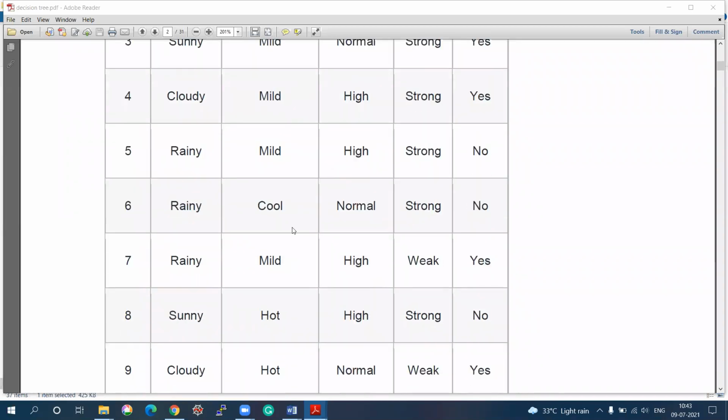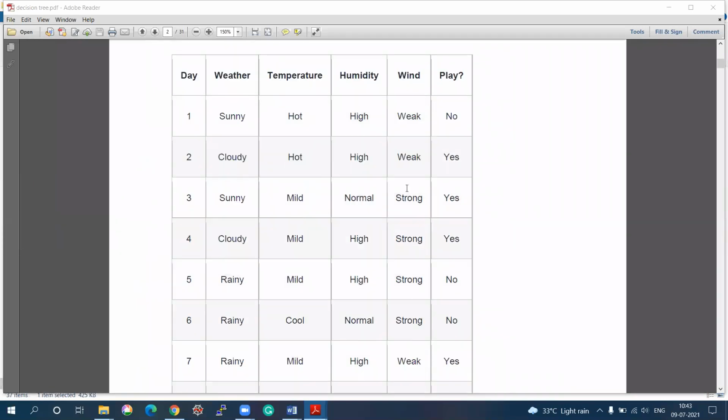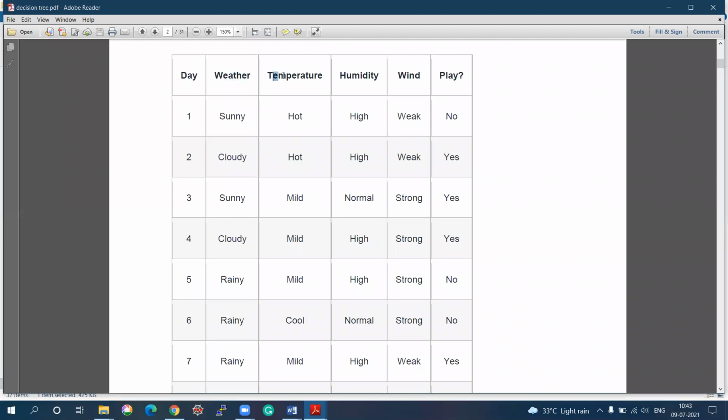For this example that we went through in the last class, we had different attributes like weather, temperature, humidity, and wind. Based on the conditions or entries of these attributes, whether the play will occur or not was decided.